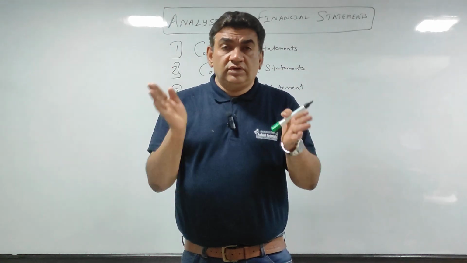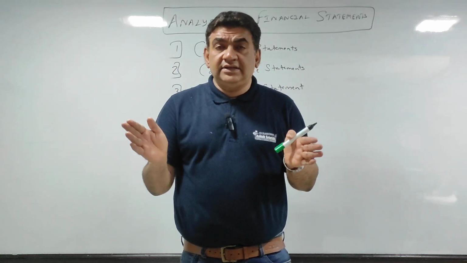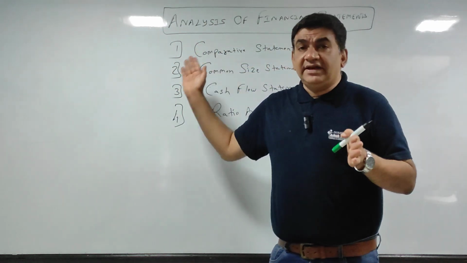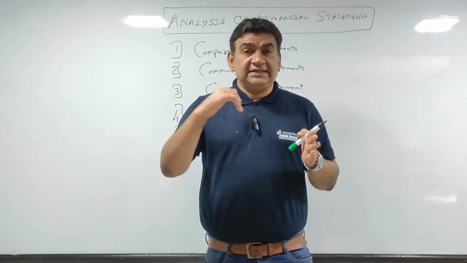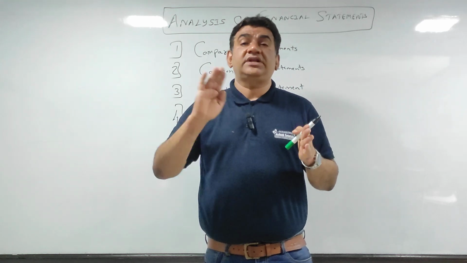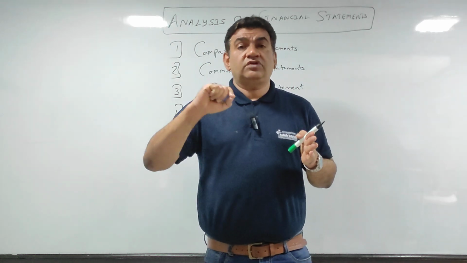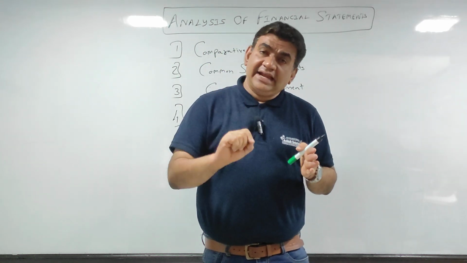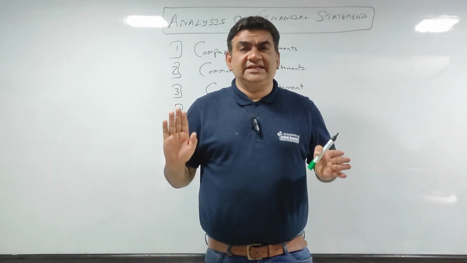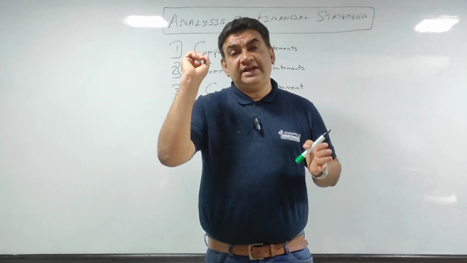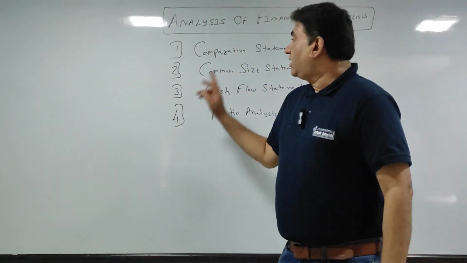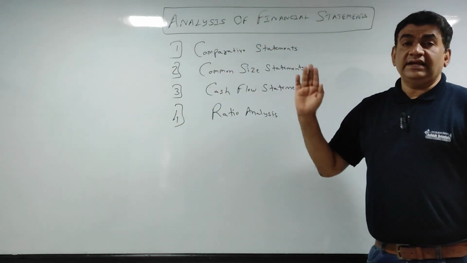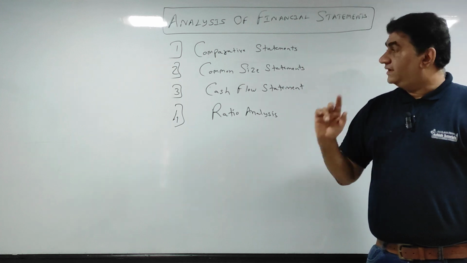So what you have to do, from that 2 years' data, as the name suggests, comparative, is compare how much increase or decrease has happened in the current year as compared to the last year in terms of amount, and you have to calculate its percentage. Just keep this in mind. When I come to this part, that time I will show you in detail. So comparative means comparing the current year's figures with the previous year's figures.